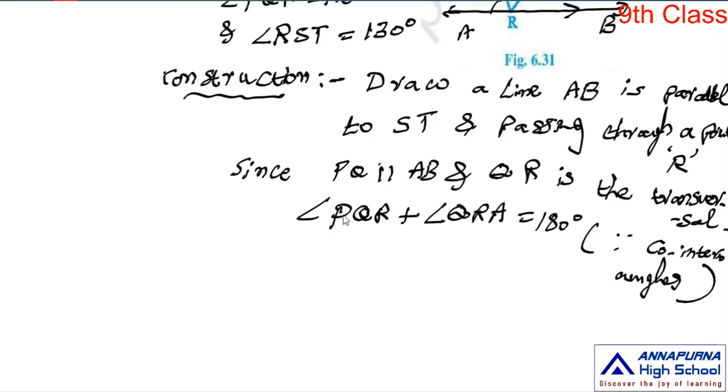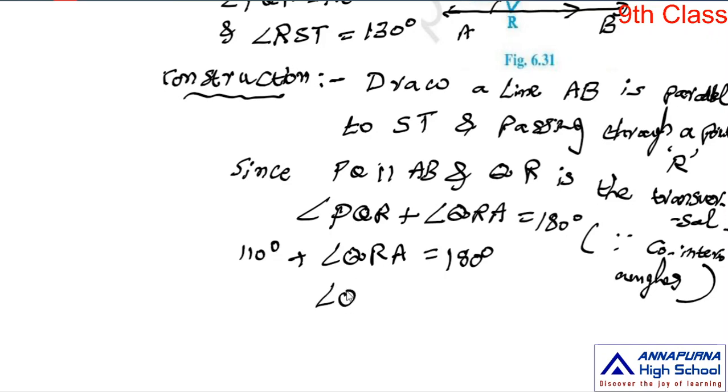Substitute angle PQR is equal to 110 degrees. Therefore, 110 degrees plus angle QRA is equal to 180 degrees. Transpose 110 degrees to right side.